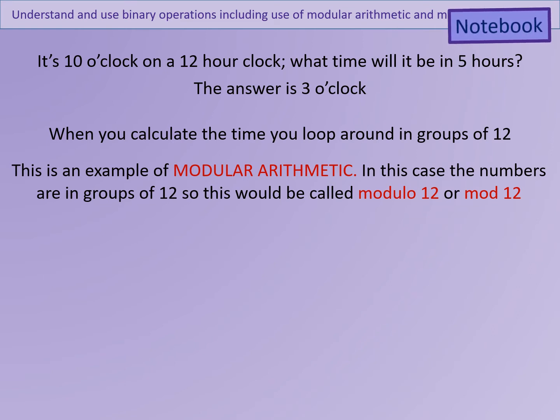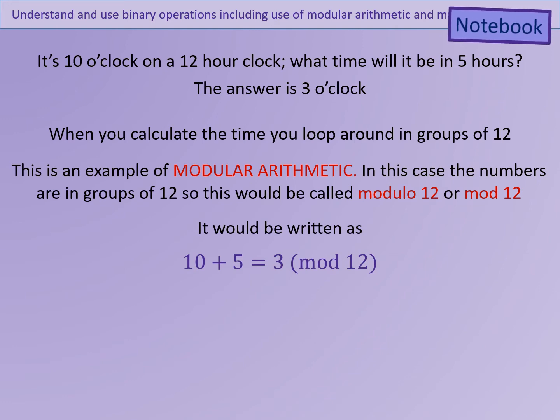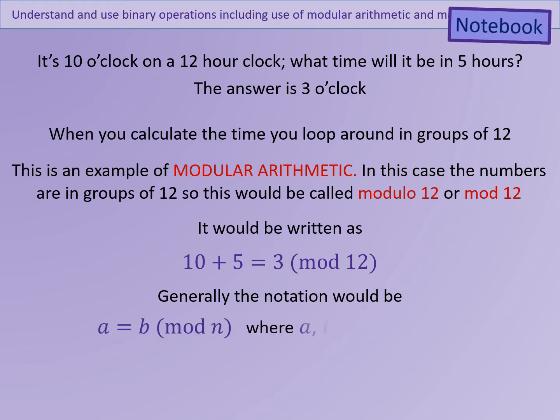So in this case, what we are doing is calculating modulo 12, sometimes shortened to mod 12. So we could write it as 10 plus 5 is 3 mod 12. So generally speaking, the notation would be that A equals B mod n.